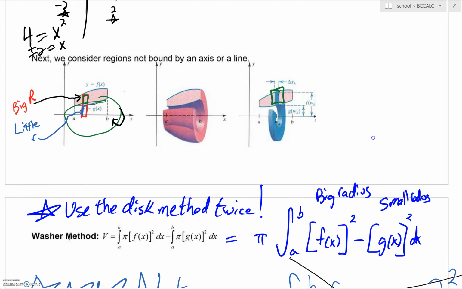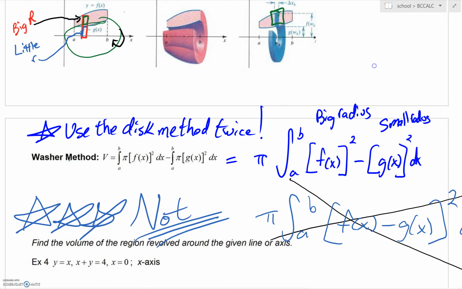So it's the disk method twice. This is called the washer method. It's when you see space. So like I said, it's the disk method with the big radius. Take away the space, take away your little radius, and that's effectively what's going to happen.